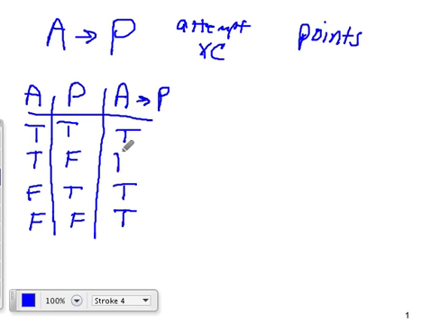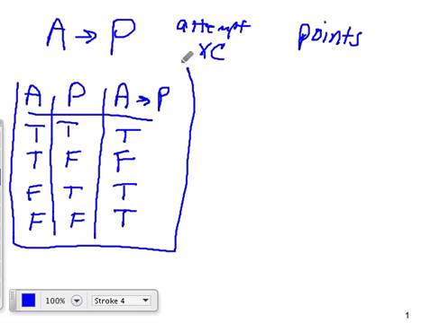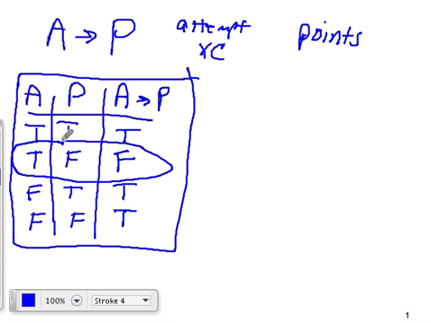So that possibility for a conditional is false. Every other one is true. So again, in a conditional statement, if I have true and false, that's false, but it's true everywhere else.